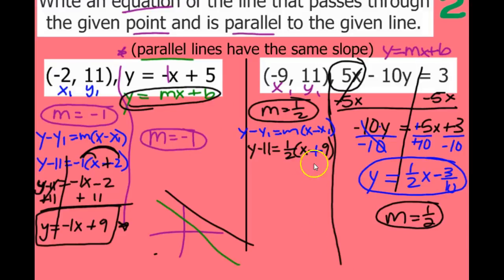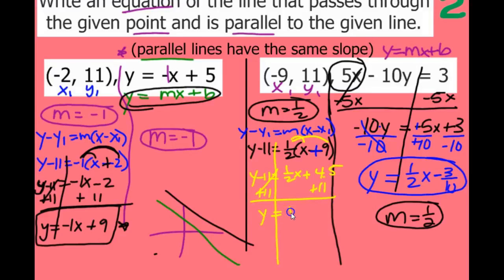And then let's do a little distributing. 1/2 times x is just 1/2 x. Half of 9, well, that's a tricky one. Half of 8 is 4, so half of 9 would be 4.5. And then we need to add 11 over to the other side.